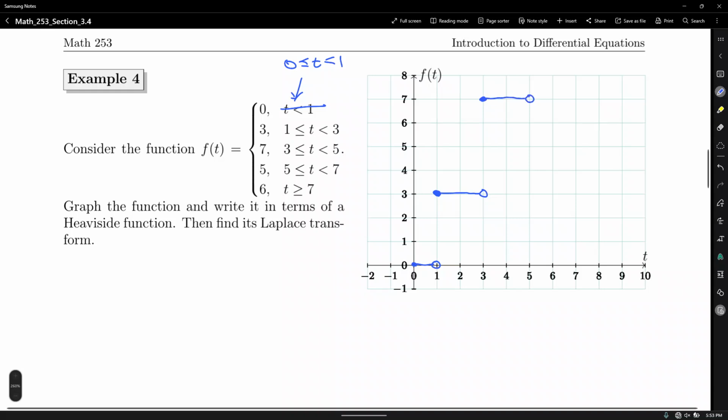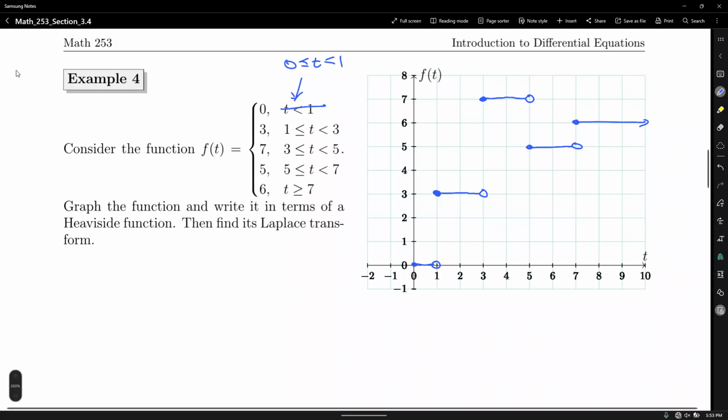And then we go down to 5 units, solid, between 5 and 7. And then one more jump up to 6, and this goes on forever. So that would be the growth of that crazy function we have.